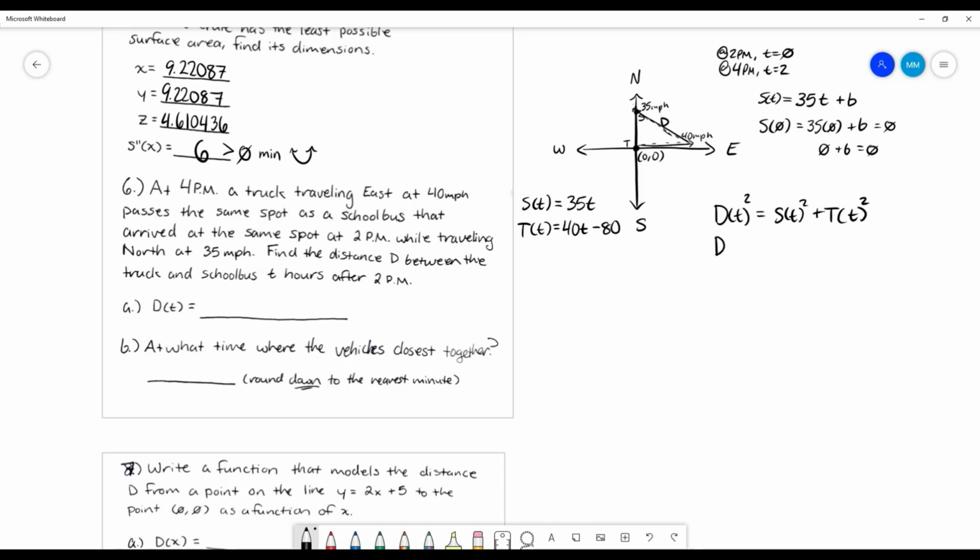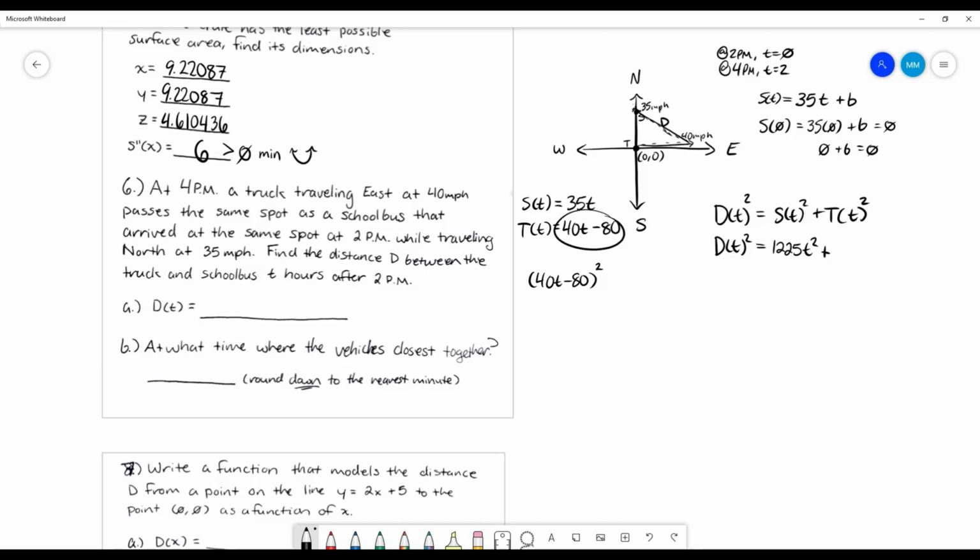So now I'm just going to plug in what we have. 35t squared is whatever 35 squared is. I don't know that. Let me figure that out. It's going to be this number plus whatever this is squared. Let's see, 40t minus 80 squared.